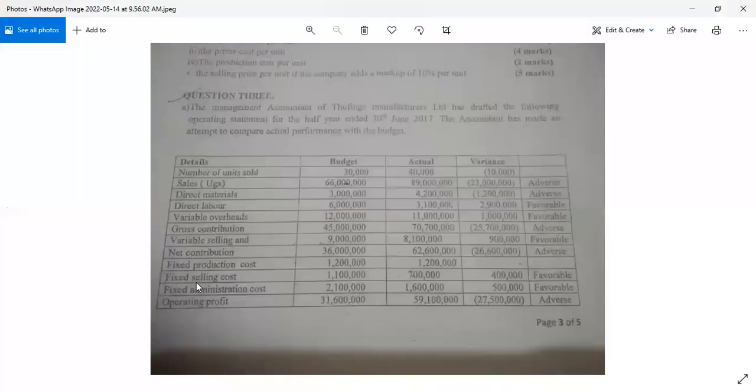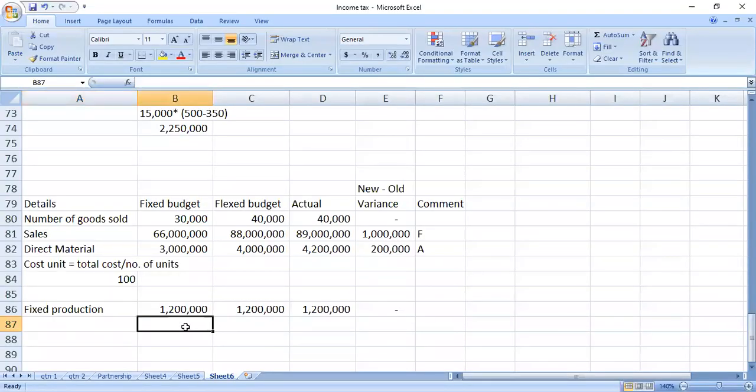Here, I say that fixed selling costs, you have 1.1 for budget, and then you have 700 for actual. Okay, so you can look at it, 1.1, then actual 700,000.